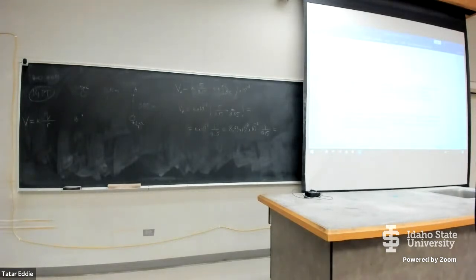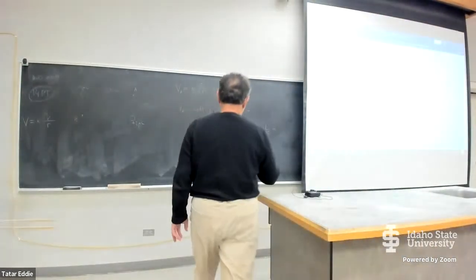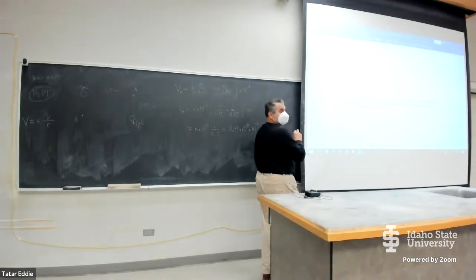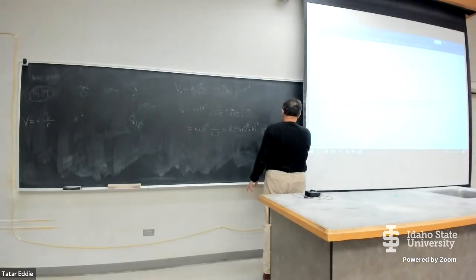It's 6,666.67. I don't know. Okay, 6,000. They have 6 times 10 to the 4. So use more significant digits, maybe. 6 times 10 to the 4 volts.